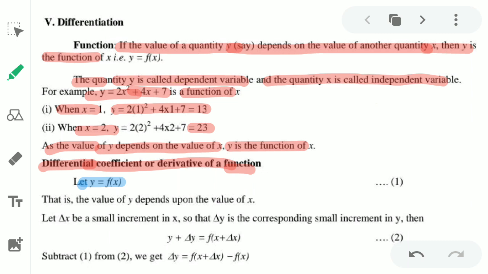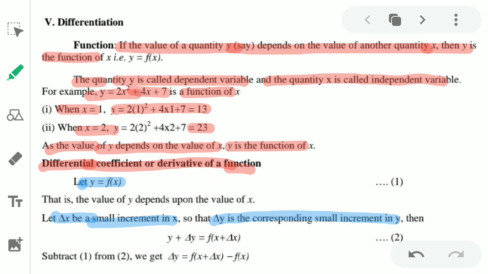So let us consider delta x is a small increment in x, so that delta y is the corresponding small increment in y. It means y equal to f(x).